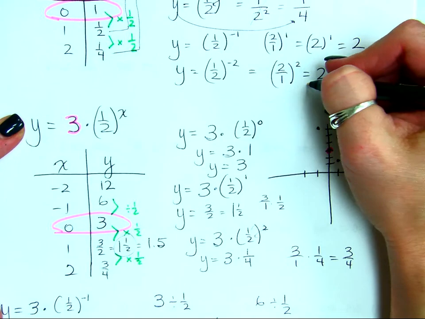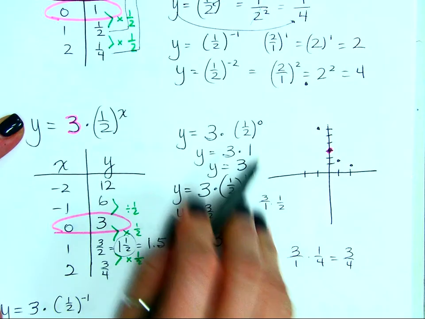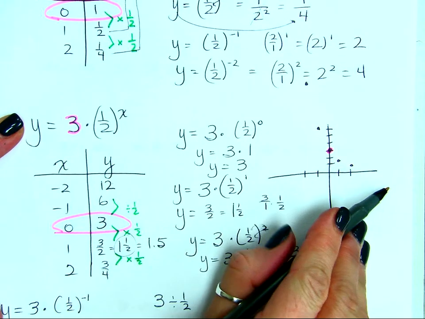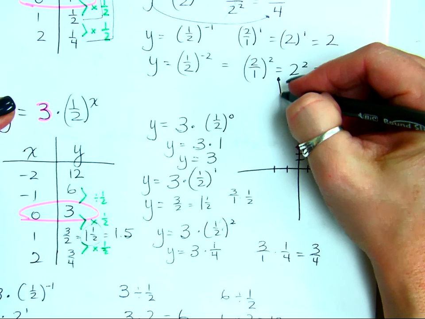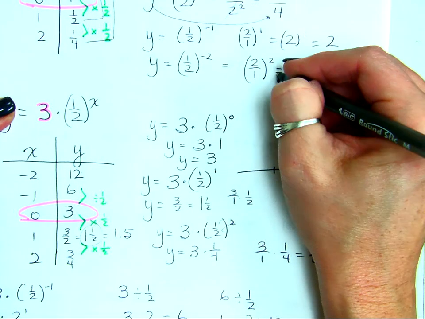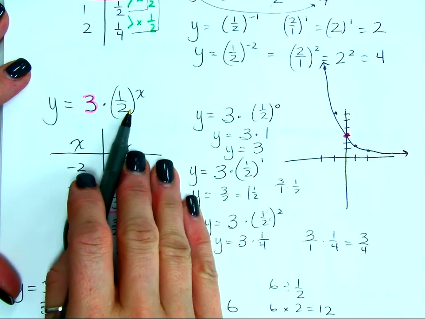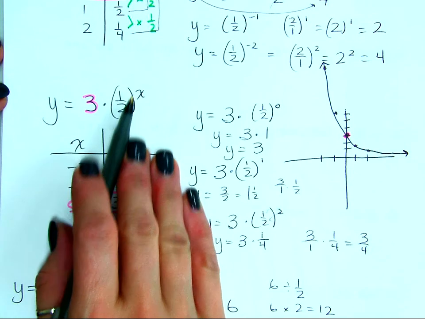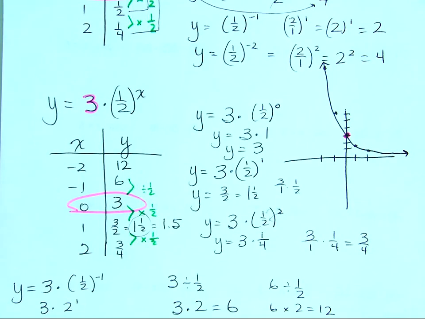And then I have to plot my -2, positive 12, which is probably somewhere up here. I have my 1, 2, 3, 4, 5 points. I should not be surprised that it is going down and that it's a decay, because I knew it was going to be a decay because the base was a fraction between 0 and 1. And that is how you do your exponential decay.